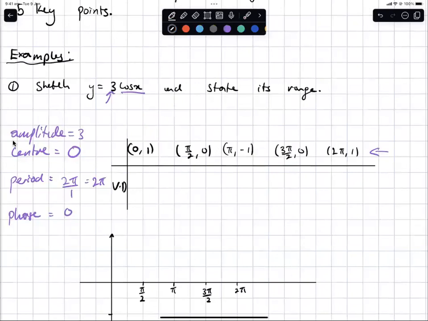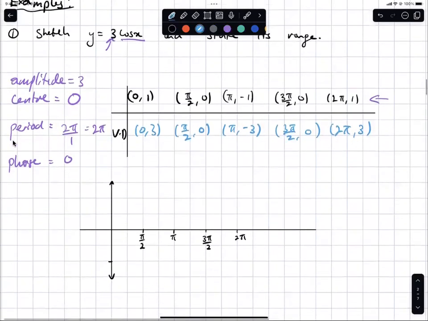So what that means is our intercept is going to remain the same, but now our y values all get multiplied by 3. So it becomes (0, 3), (pi on 2, 0), (pi, and now multiply the y by -3, we get -3), (3 pi on 2, 0), and finally 2 pi, keeping in mind the x values don't change, multiplying the 1 by the 3.